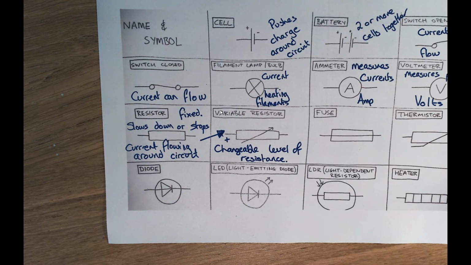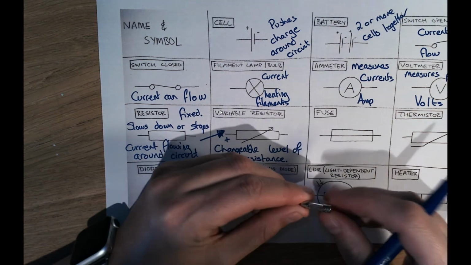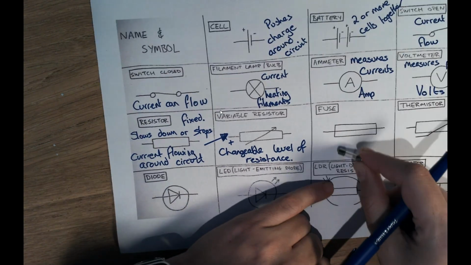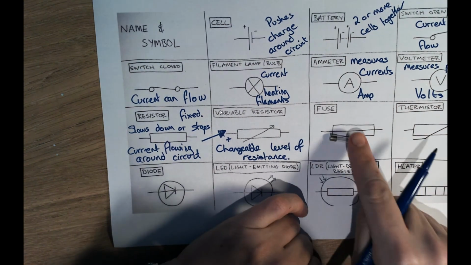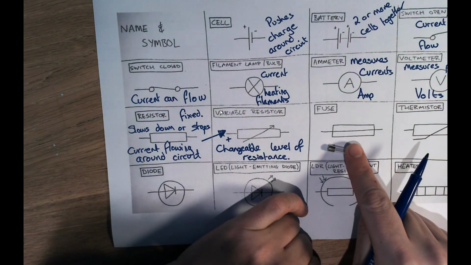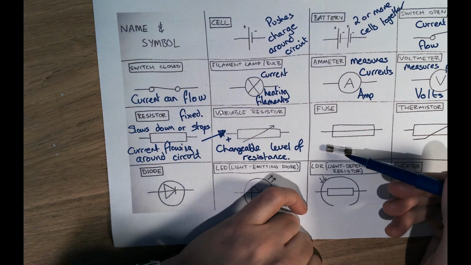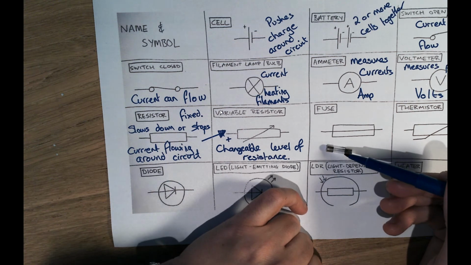Okay, a fuse. And what we have in a fuse is a very, very thin wire. You can just see the wire in there glinting. But what is in this little glass cylinder is a very, very fine piece of wire.